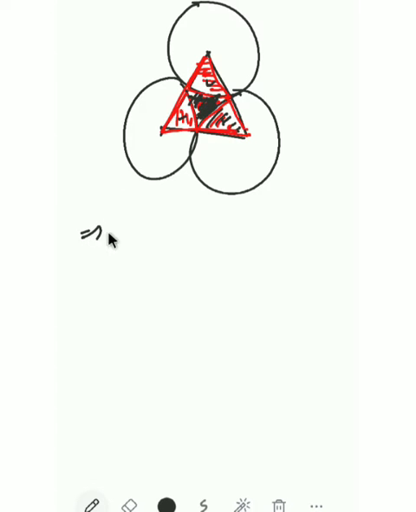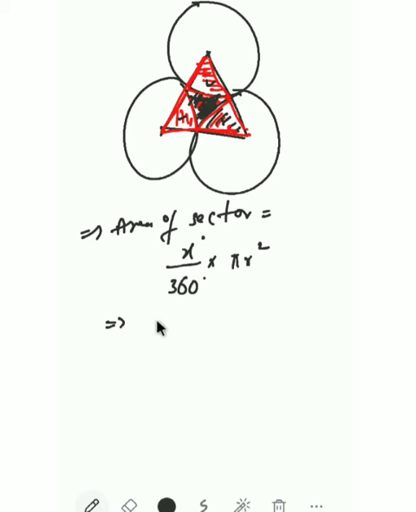Let us find the area of a sector first. Area of sector is equal to x degrees by 360 degrees into pi r square. Here we have x equal to 60 degrees, because here we have 60 degrees, and here also 60 degrees, here also 60 degrees, the angle at the center.